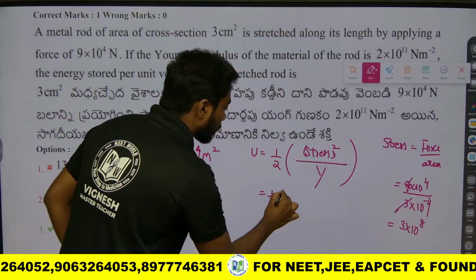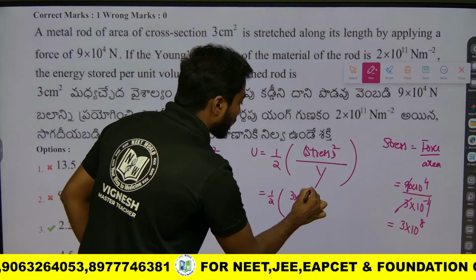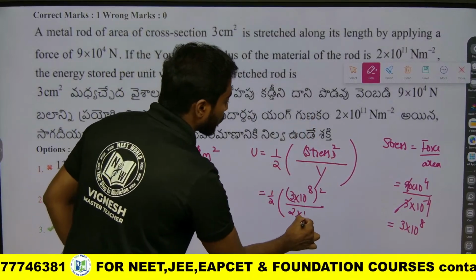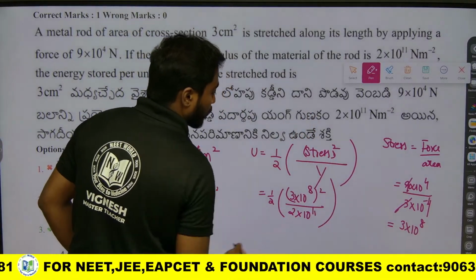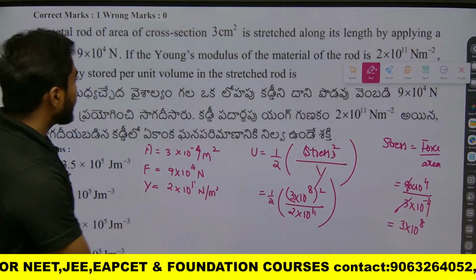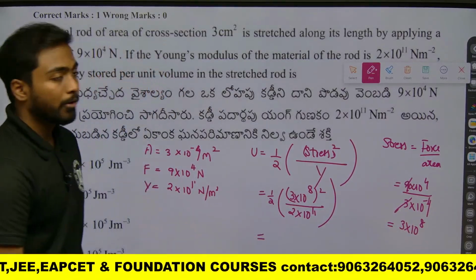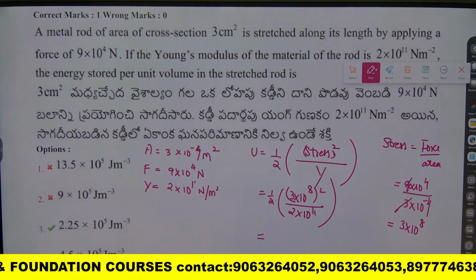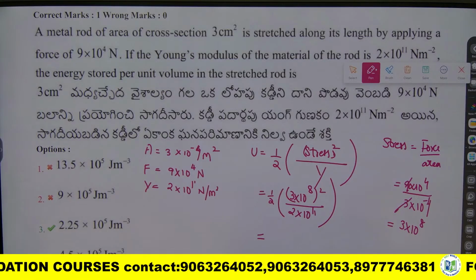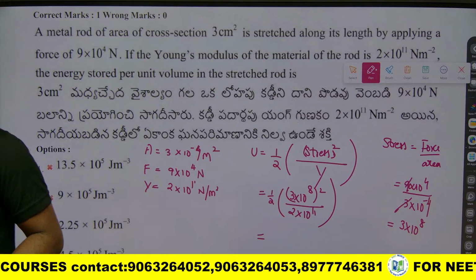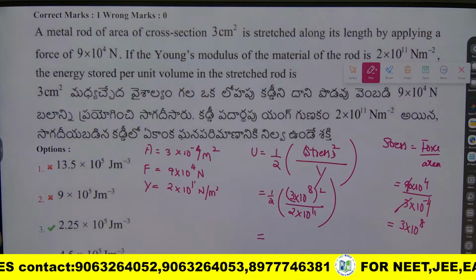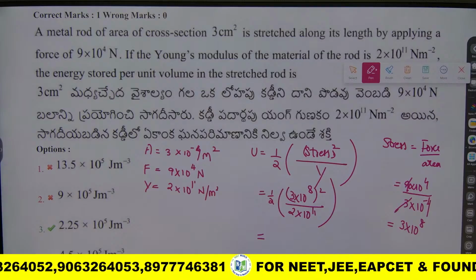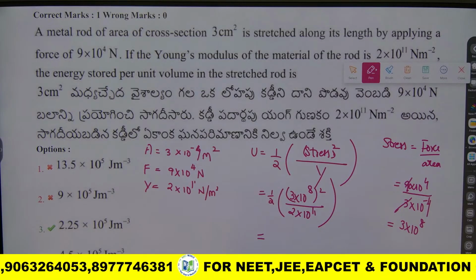So half into 3 into 10 power 8 the whole square, divided by the Young's modulus, which is nothing but 2 into 10 power 11. If you calculate this one, you will get the energy stored per unit volume, right? Do the calculation, guys. 3 squared is 9, then 10 power 16 will be there, and then 2 into 2 is 4, 10 power 11.